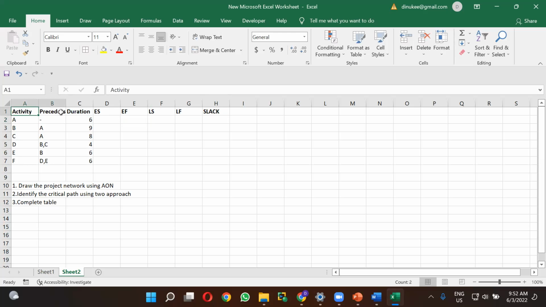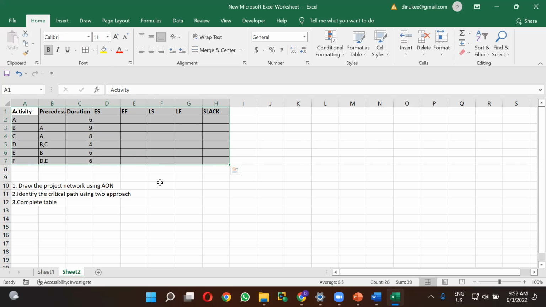So at the end you have to fill this table as well. These are the three things that I want you to do when you are coming for the next lecture. I think it is better to prepare this project network in an Excel sheet, right? So all of you have to prepare your Excel sheet and come for the next Wednesday lecture.